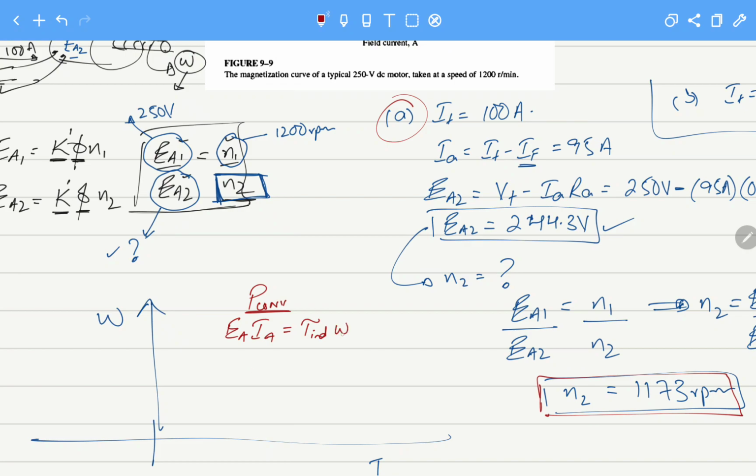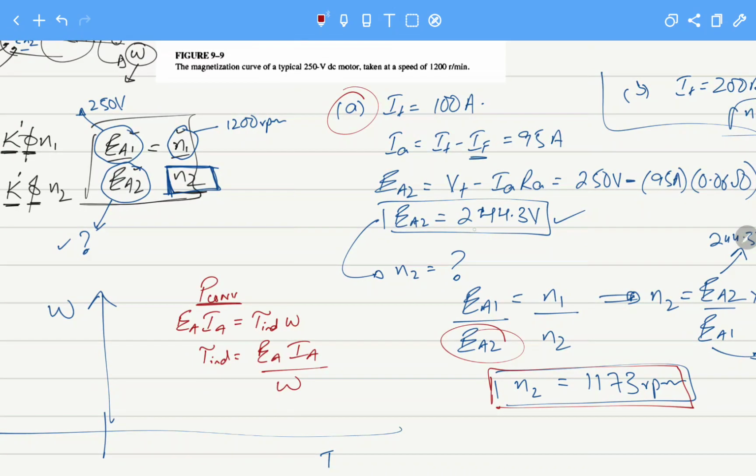So torque induced equals EA IA divided by speed. In this case, the internally generated voltage is EA2 that we calculated, 244.3 volts, and IA is 95 amperes.